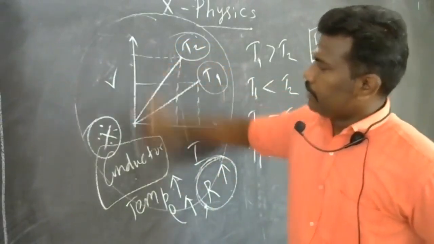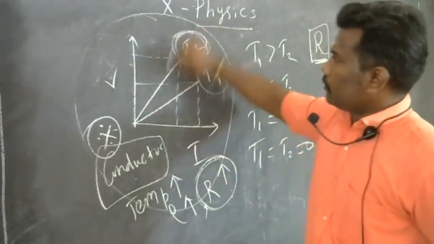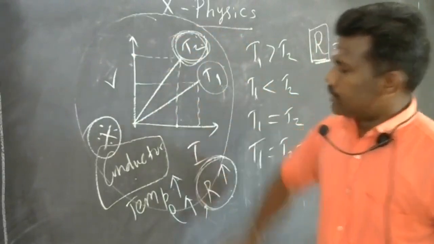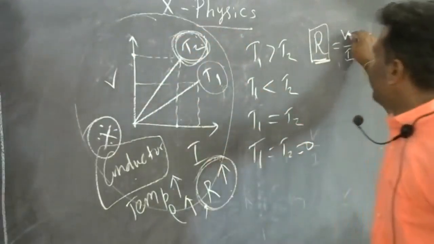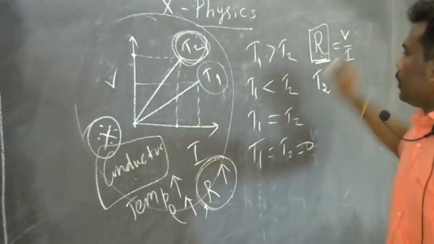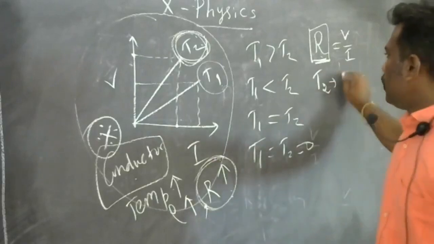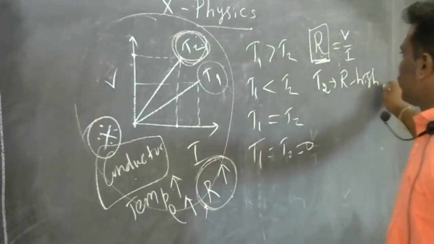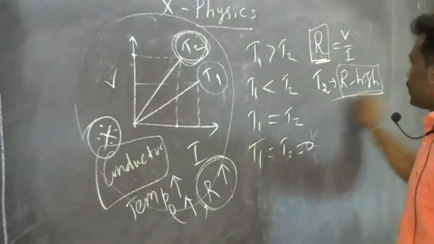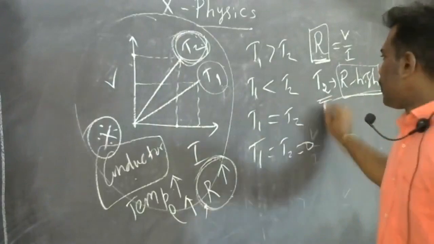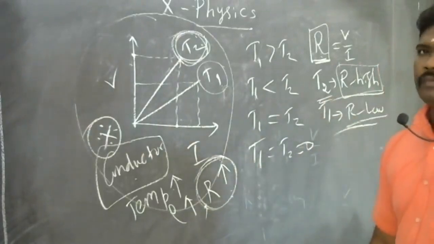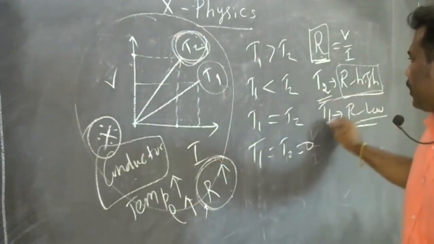For the temperature T2, it has the higher potential difference and lesser electric current, high V and low I. So at the temperature T2, the R value is high, and at the temperature T1, the R value is low.